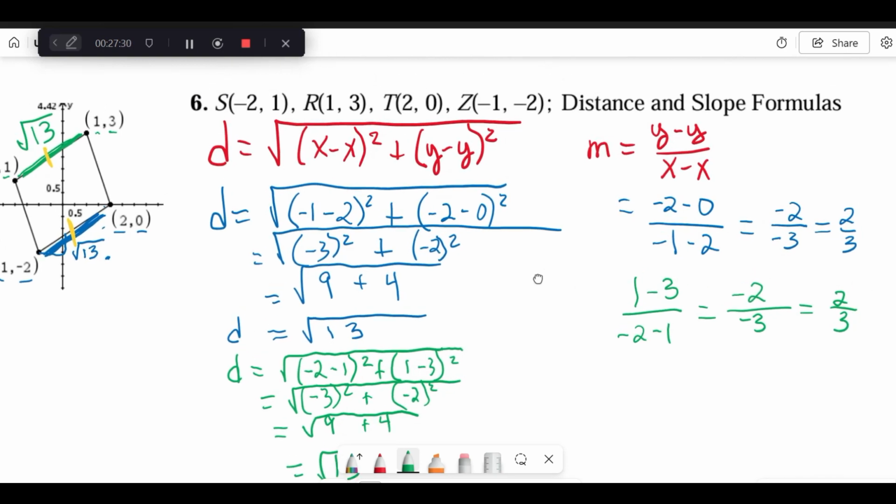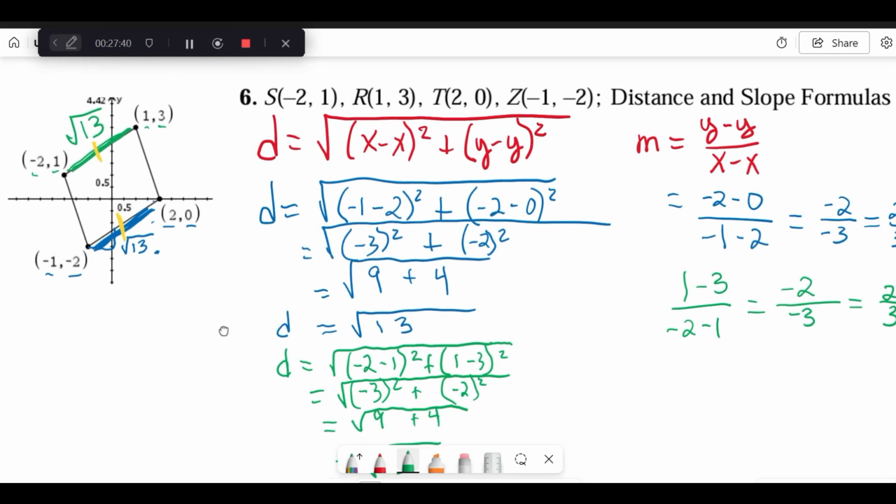Now let me show you, that's a lot of work to do for problem number 6, right? That took me probably, I don't know, 5 minutes or so at least. But some of the things that are helpful is, number one, if I just look at this problem and see these letters and I don't do anything with these letters and coordinates, that's not going to make the problem any easier.